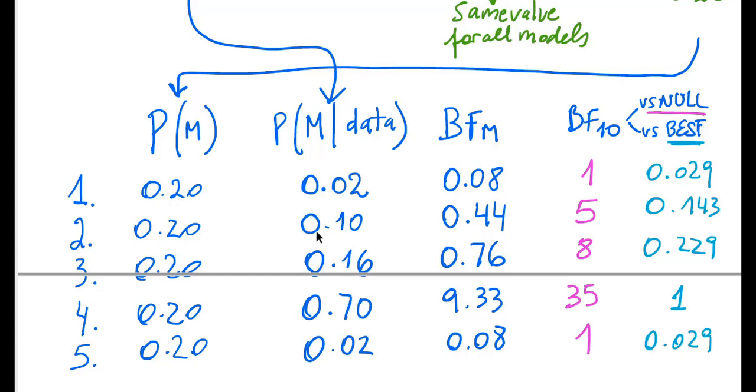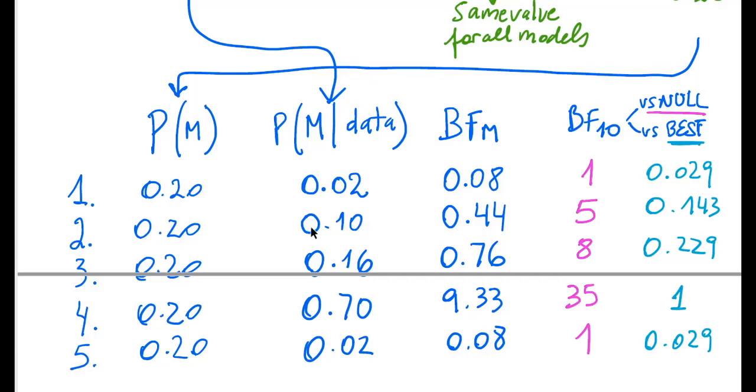Same for model 2. For model 2, we first calculate the prior odds of model 2 versus all the other models. So 0.20 divided by 0.80, which is the combined probability of all the other models. That is 1/4 or 0.25. And then we do the same with the posterior probability of the model.